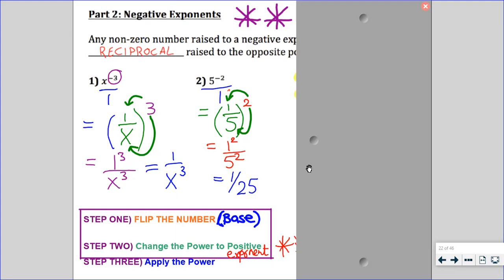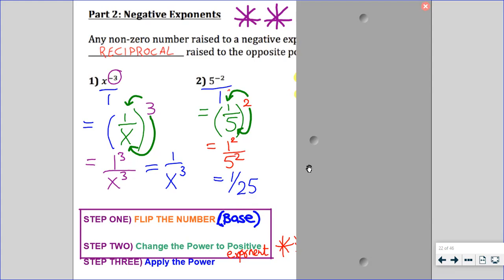So step 1, flip the number, which is your base. Step 2, change the power to a positive exponent. And step 3 is to apply the power. Ms. David, maybe you could write that on the board as well, so we can keep that as a record as we go through the questions.